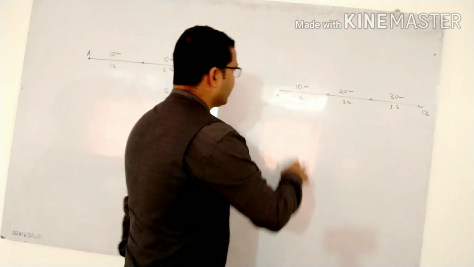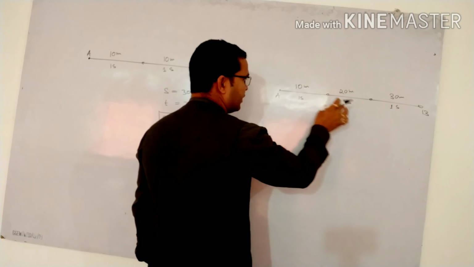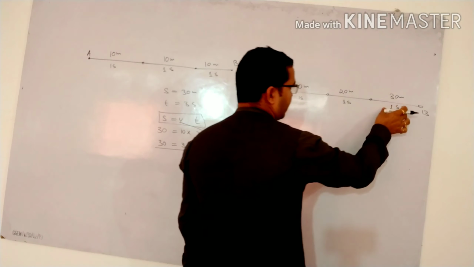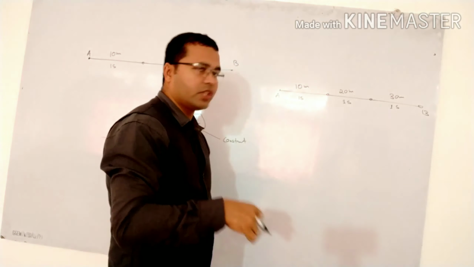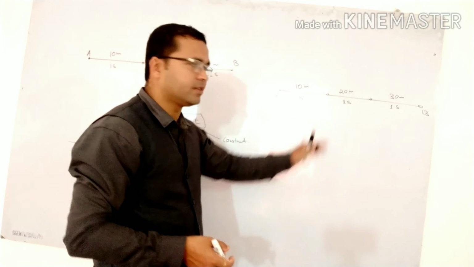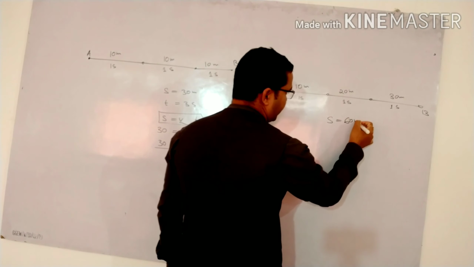Another example is taken. Suppose a body covers 10 meter in the first second, in the next second it covers 20 meter, and in the third second it covers 30 meter. So it means velocity is changing with time. So this is the example of what? Non-uniform velocity. So here the total displacement is what? 60 meter.